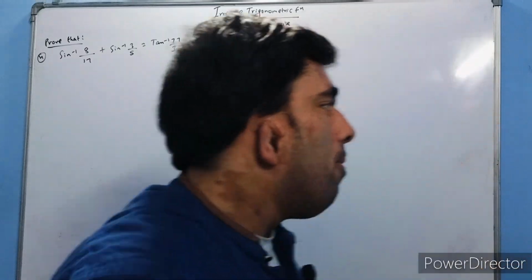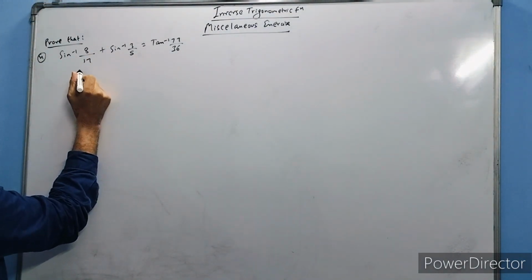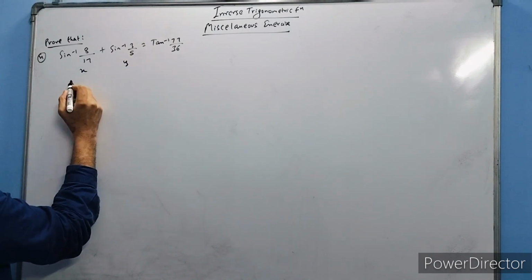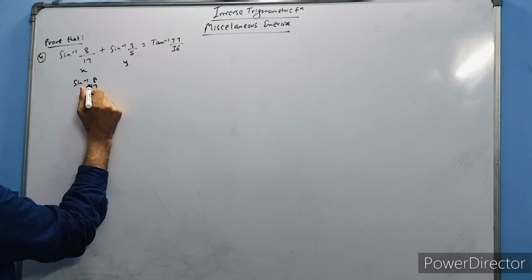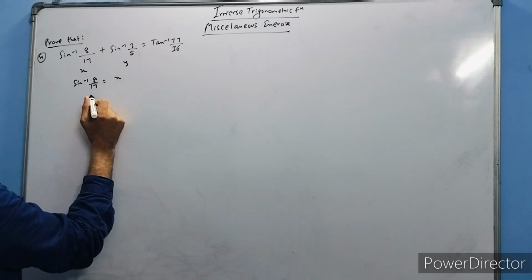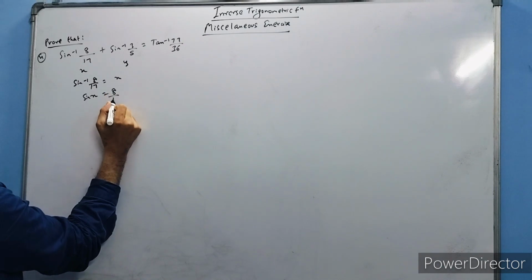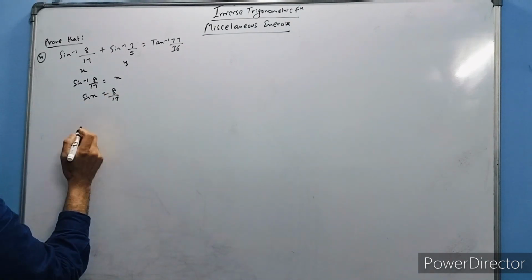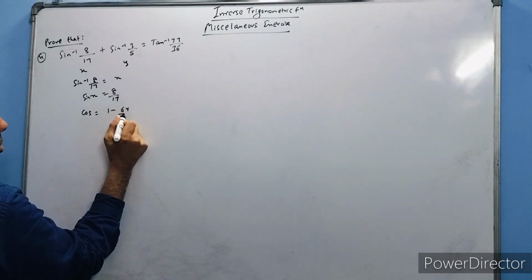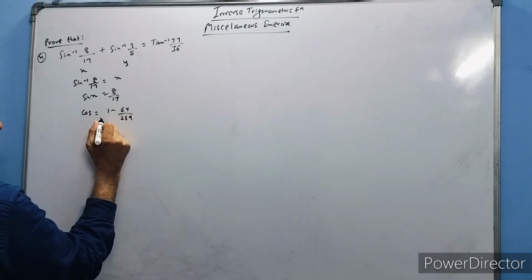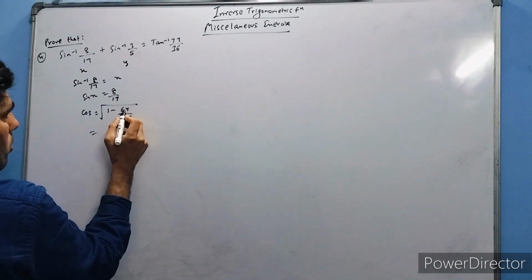In a very simple way, first we can take these as x and y. So sine inverse 8 upon 17 is equal to x, so sin x is equal to 8 upon 17. What can we do here? Find the value of cos x, that is 1 minus 64 upon 289. So what do I get here? 289 minus 64.